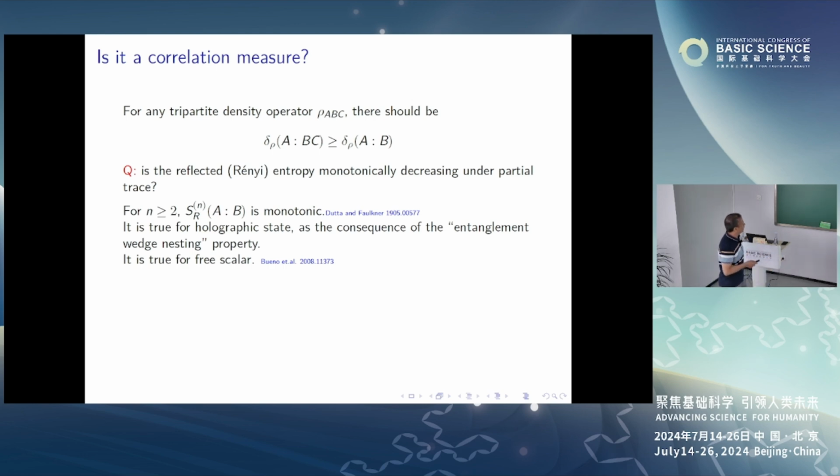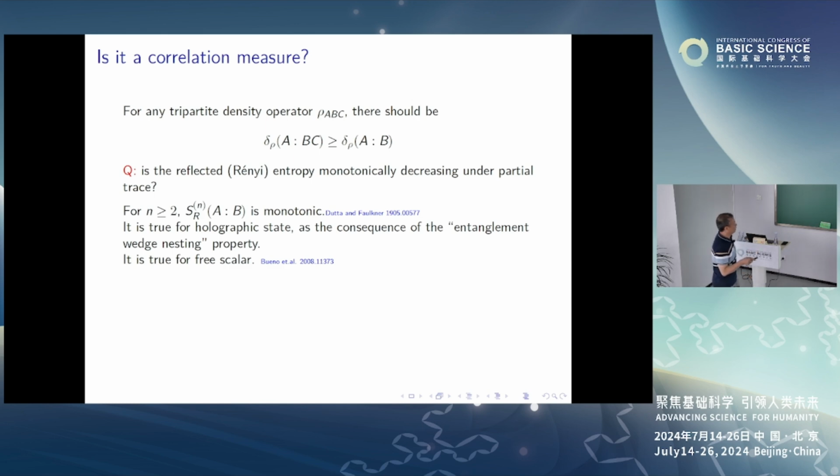And so we know that for a tripartite density operator, there should be this kind of relation. This quantity is a kind of correlation measure. We don't know exactly what it is, but intuitively we should expect that the correlation between A and the union of B and C should be larger than the correlation between A and B. Since the system, the union of B and C, shrinks to B, the correlation measure should also decrease.